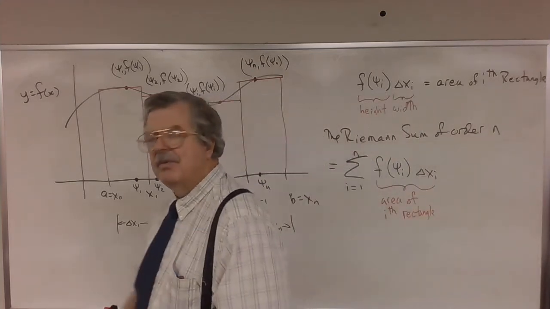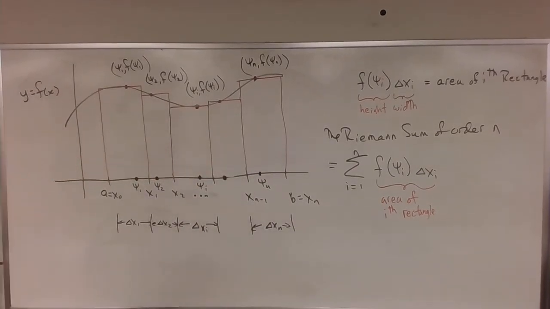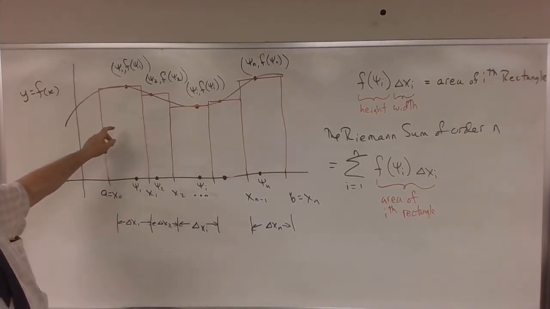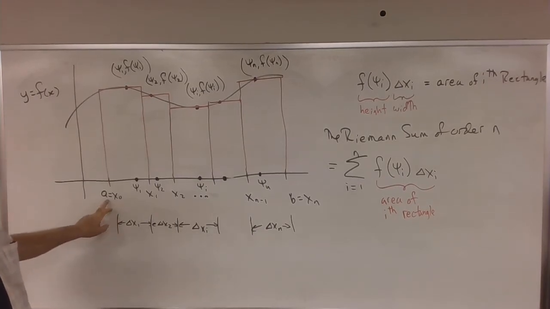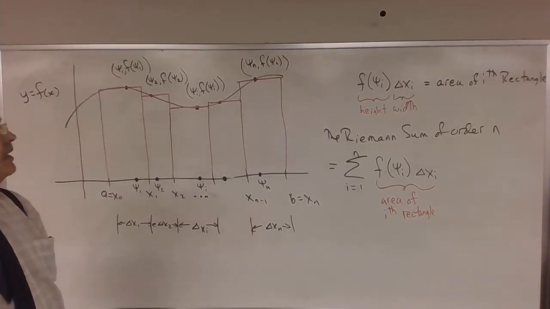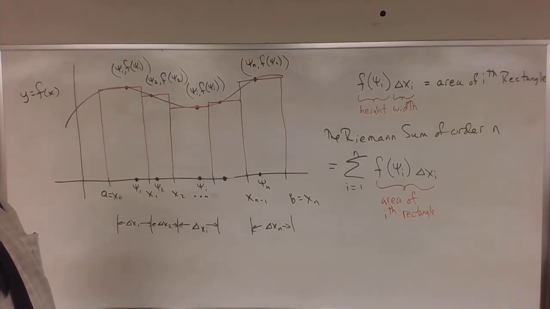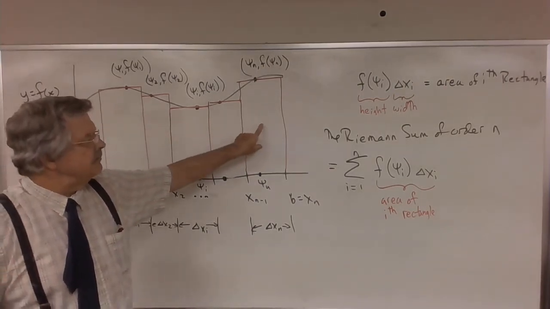And one thing that we'll notice, perhaps for future reference, is that the area bounded by the graph of f of x and the x-axis from x equal a to x equal b is very well approximated by the sums of the areas of these rectangles.